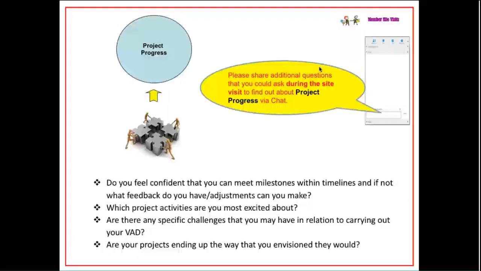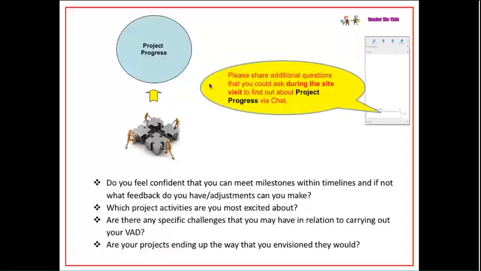Any additional questions that might give us an opportunity to be informed, or to support or guide how they can enhance their project progress? Anything else that comes to anybody's mind?